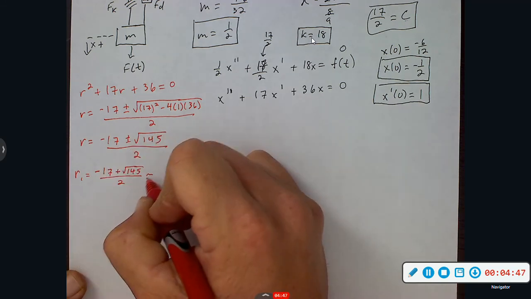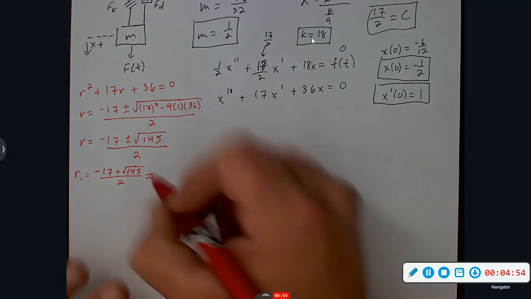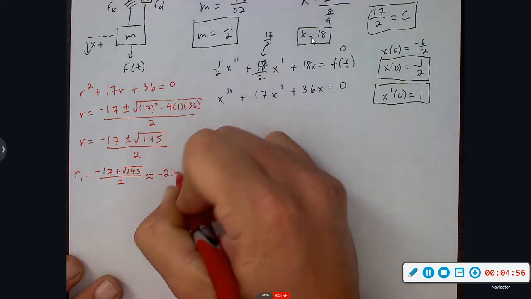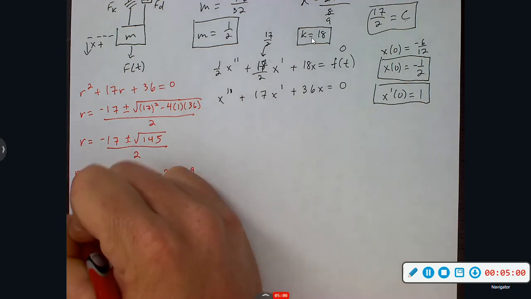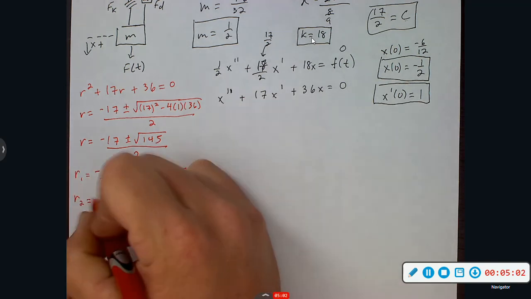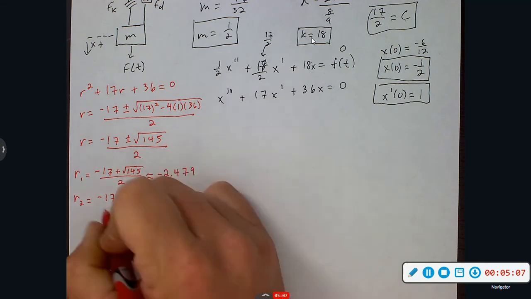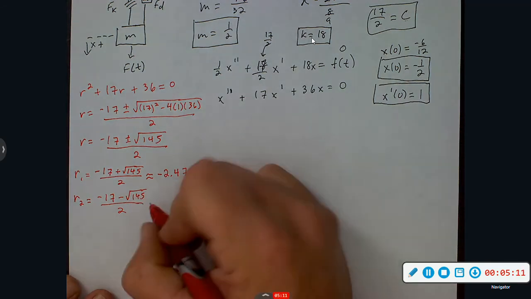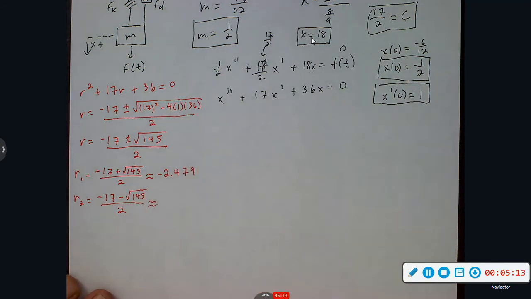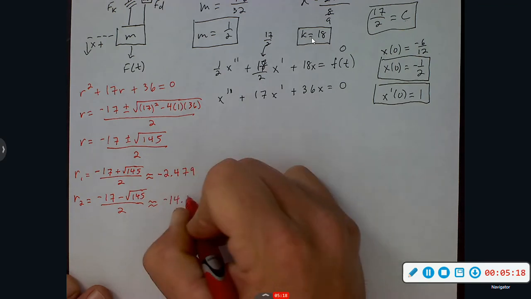And that's approximately negative 2.479. R2 will be negative 17 minus the square root of 145 all over 2. And that is approximately negative 14.521.